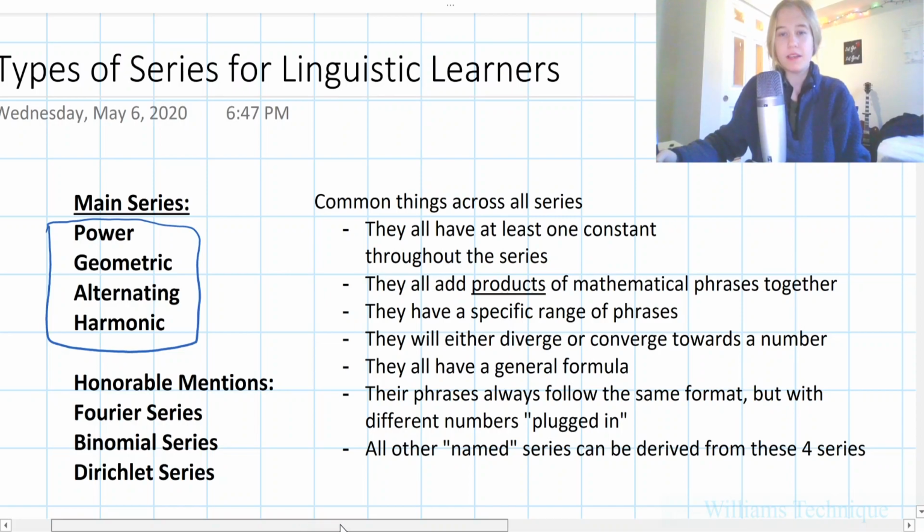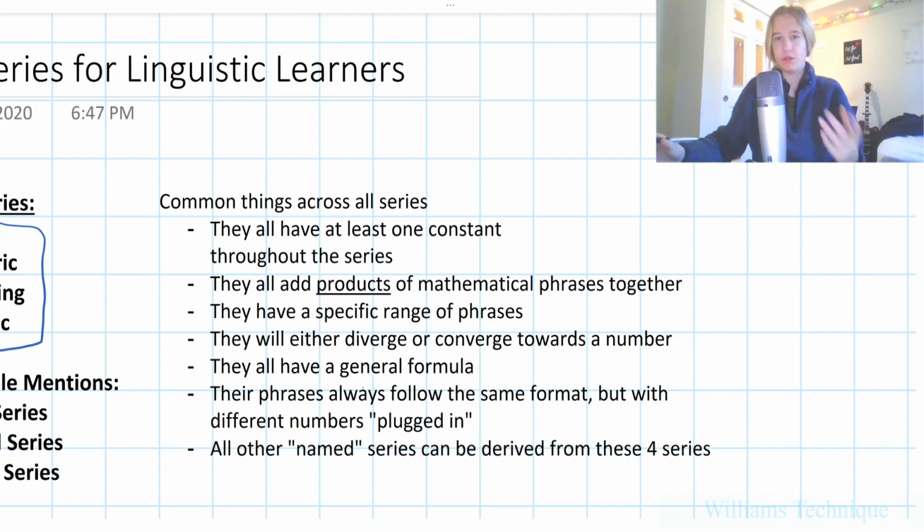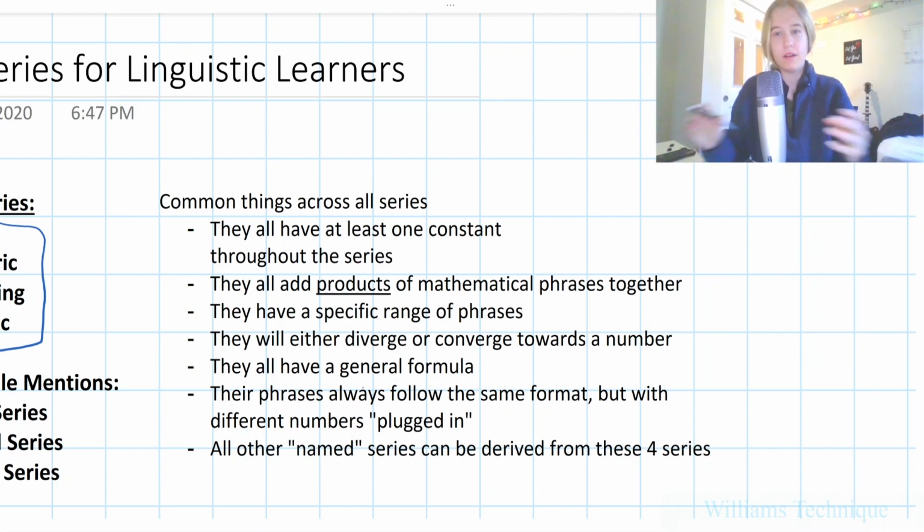So the common thing across all of these series is that they all have at least one constant term. We'll go over generally how they look and what their format is, but to refer back when you're studying, it's important to note that they all have at least one constant throughout the series. They all add products of mathematical phrases together.